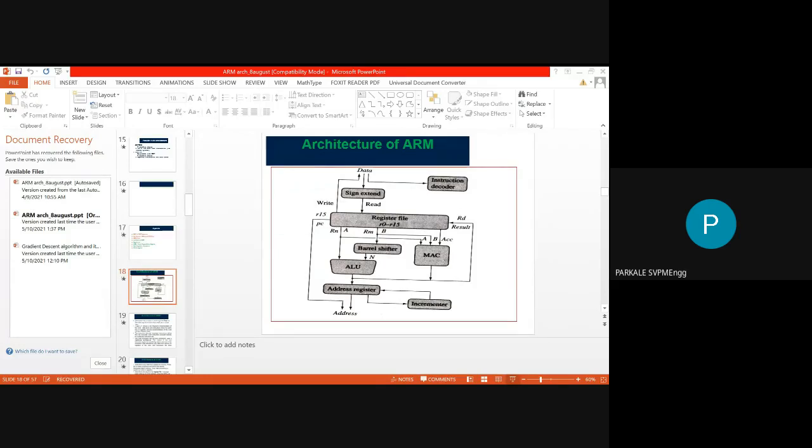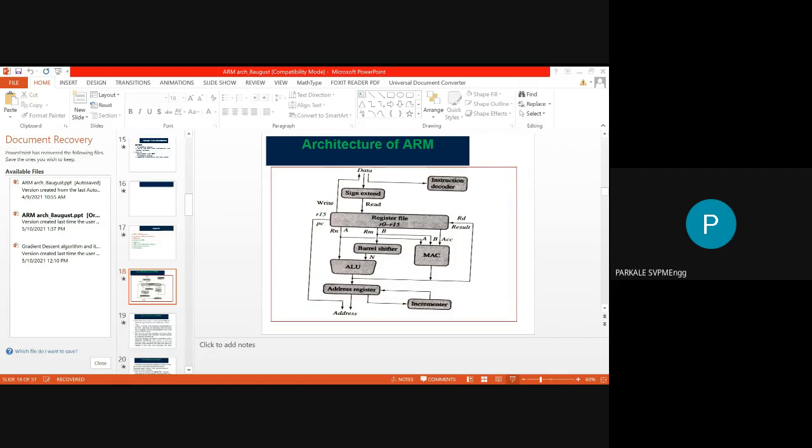So this MAC unit is used for this purpose, to multiply these two numbers from bus A and bus B, and also it will add another register to the multiplication result. The whole result is then copied into some register, and that is uploaded to the memory by generating the address from the address decoder, whose address is pointed by R15, which is the program counter.